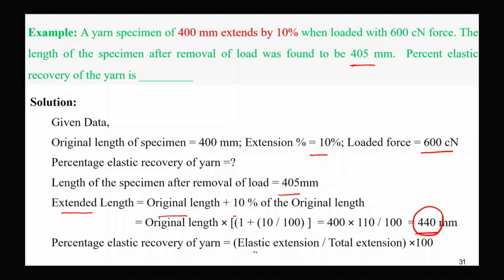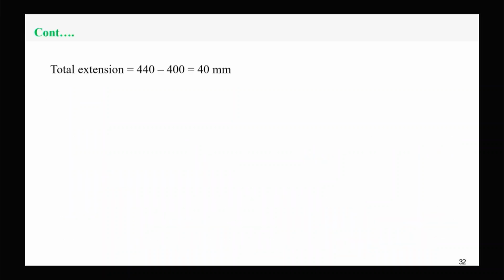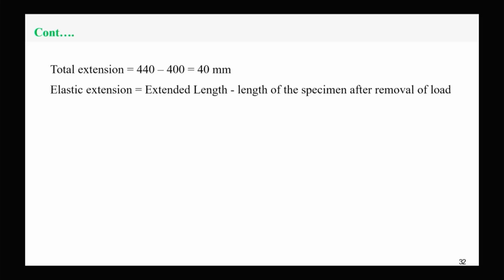So elastic extension divided by total extension, multiplied by 100, gives the percent elastic recovery. 40 is the total extension, and elastic extension equals extended length minus length of specimen after removal of load. 440 was the extended length and the length after removal of load is 405, so 35 millimeter is the elastic extension.